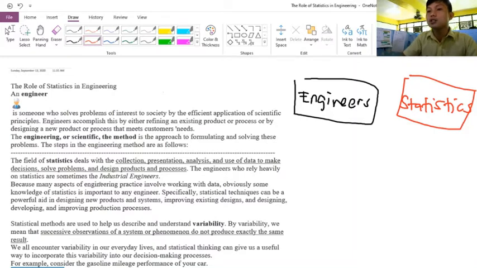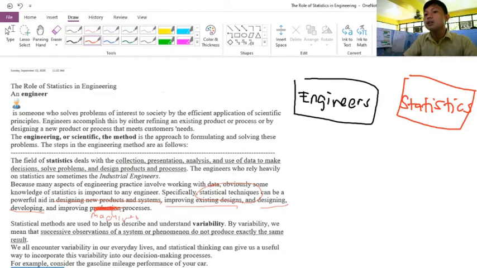So for us, civil engineers or electrical engineers, we can use statistical techniques to design new products and systems. We can also use statistics to improve existing designs, and design and develop, not production processes, but we can use statistics to improve machines.